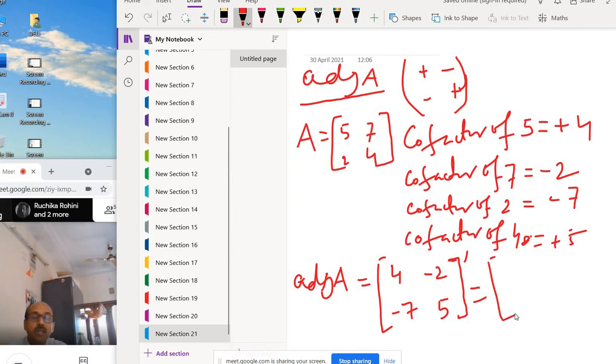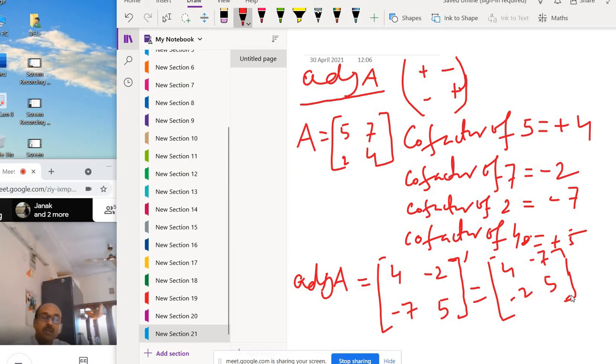Now the new matrix is 4, minus 7 in the first row and minus 2, 5 in the second row. This is the adjoint. This is the answer.